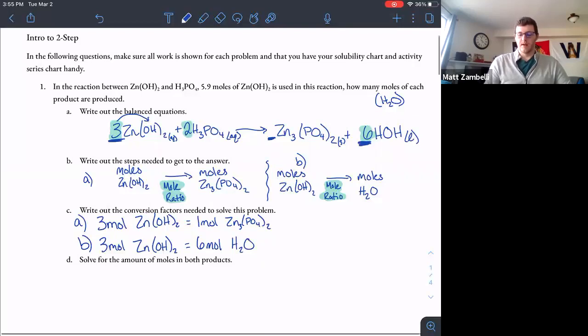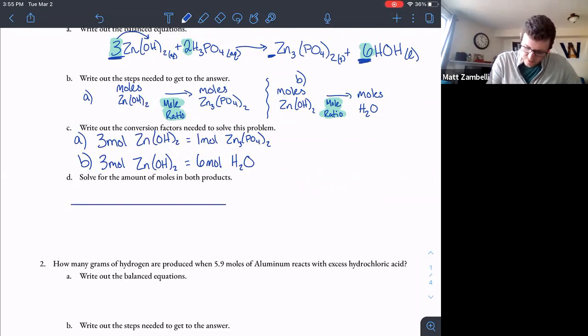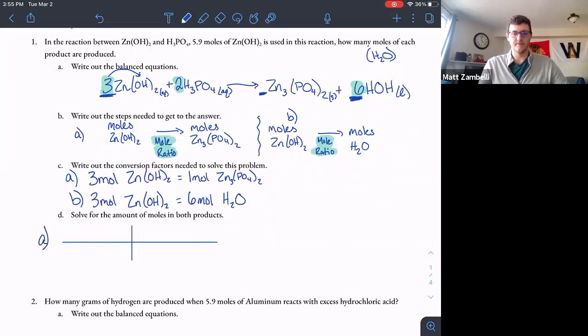All right. So because there's only one step, we only need one divider in our railroad tracks or our lattice structure. So we're going to make our first one for A. Because there was the one step, we use one divider. All right. What goes in our top left of our problem every time? We're putting those moles in the moles of what?